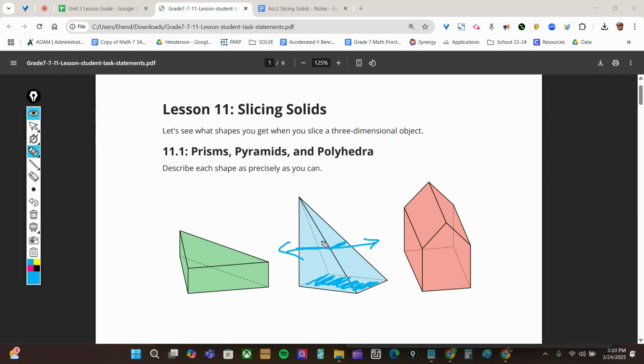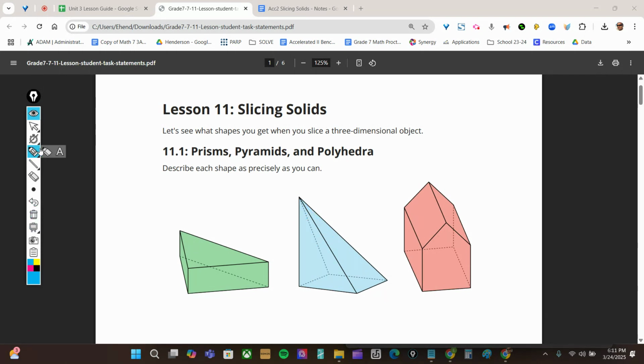You would have a rectangle shape, something like that right there, as opposed to if you cut this vertically. Let me try that one more time, like down this way, vertically up and down, you would get a triangle shape, that would look like two pieces shaped like this triangle shape here.